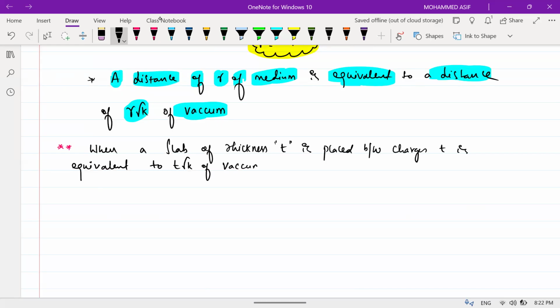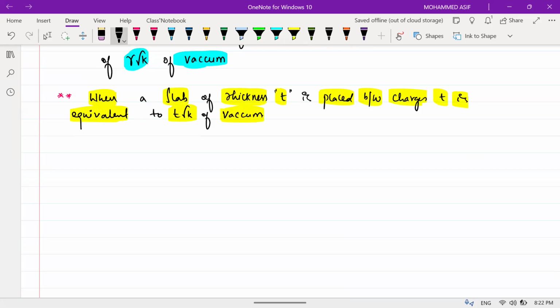Can I write like this? What do you mean by this? When a slab of thickness T is placed between the charges, now T is equivalent to T into root K of vacuum.